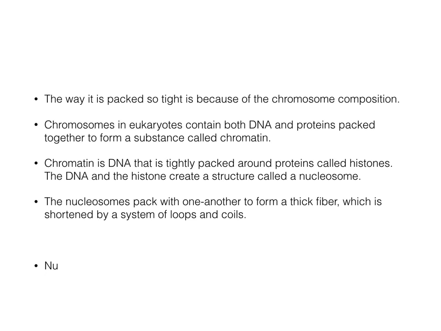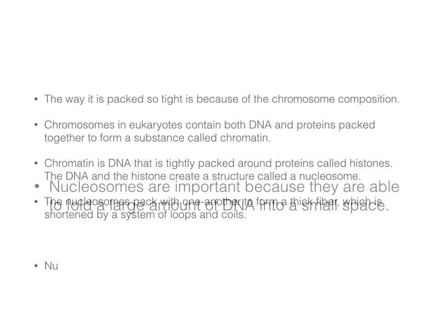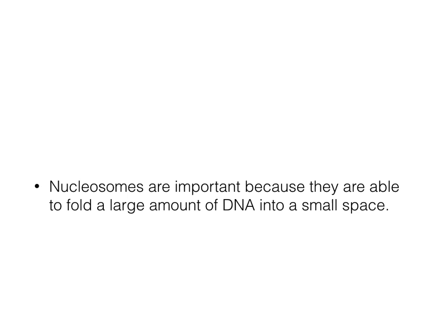Nucleosomes pack with one another to form a thick fiber, which is shortened by a system of loops and coils. The next one, that NU, should be nucleosome, which will be on the next slide. If we take a look at that right now. Nucleosomes are important because they're able to fold a large amount of DNA into a small space.